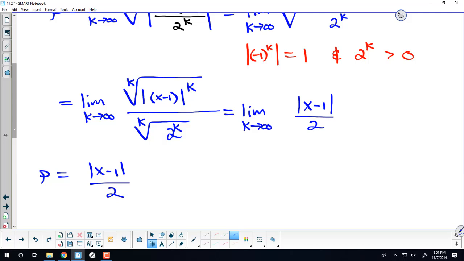Okay, then what has to be true about rho for convergence? Less than 1. It has to be less than 1. But greater than negative 1. That's for the geometric.